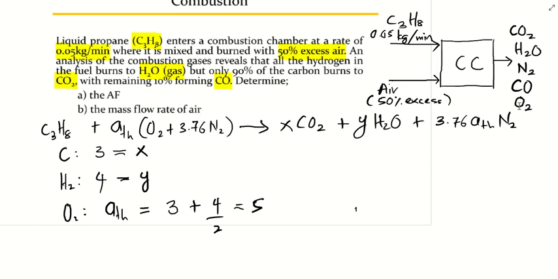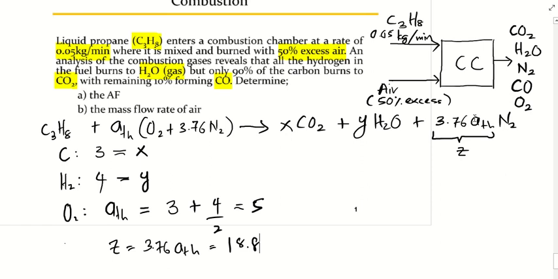Okay, next you need to find this one, which we can call Z. Z is 3.76 ATH, which equals 18.8.